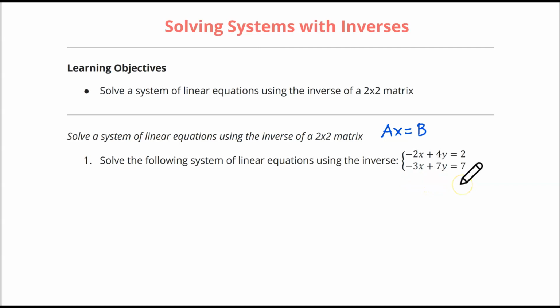So for the given system here, if you write it in matrix form, let's have A. A are the coefficients of the variables. So in this case, we have -2 and then 4, -3, that's the coefficient of X, and then here is the coefficient for the variable Y. And then we will write here the X matrix, a column matrix, X, Y. This is equal to the column matrix for the constants.